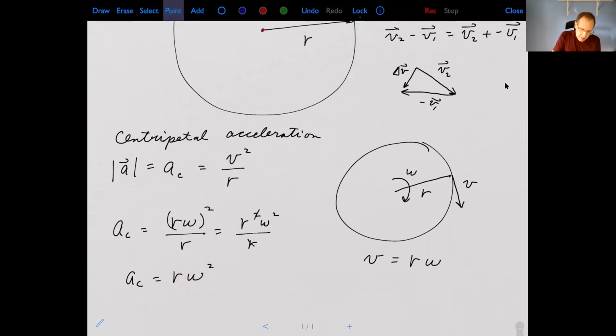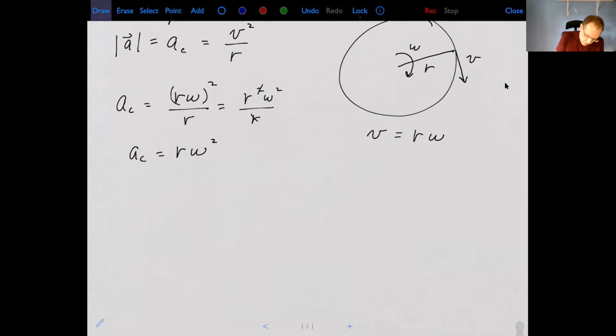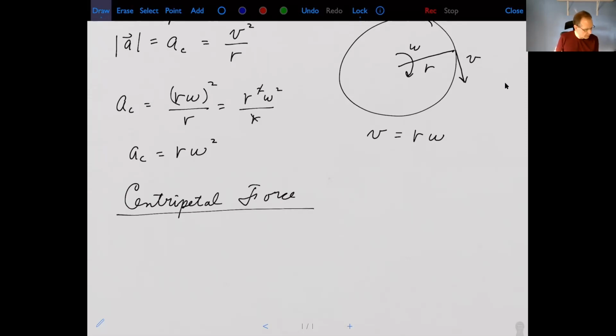Okay, so that brings us to centripetal force. What is the centripetal force? Well, basically, it's the net force that causes the centripetal acceleration. Again, it's going to be directed towards the center of the circle. And the way you can think of it is it's the sum of all the forces in the radial direction.